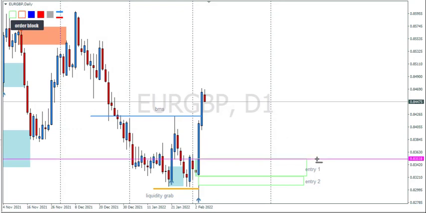We'll place a horizontal line on the top of our rectangle. The price highlighted will be our open price.